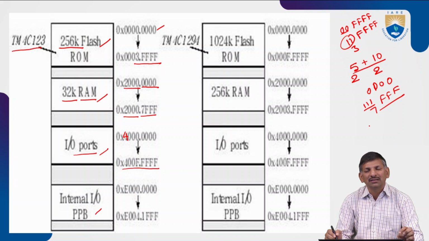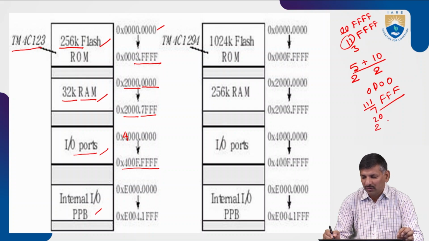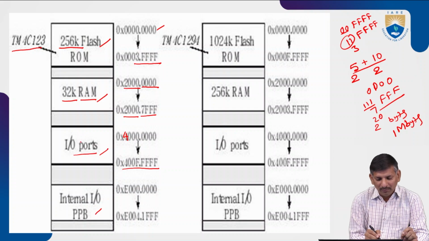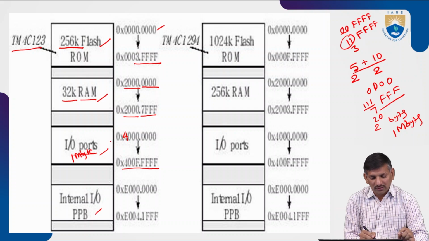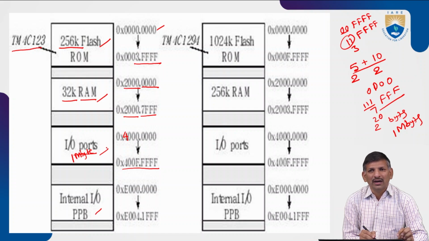So 5 fours means 20 bits. 20 bits means 2 power 20 bytes, which means 1 megabyte. So we are assigning 1 megabyte of memory size for storing the input data or output data and doing the corresponding read and write operations.